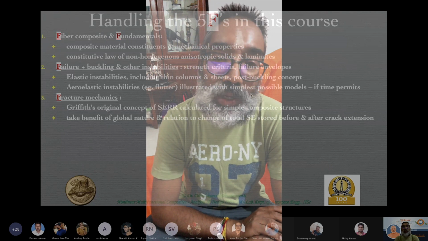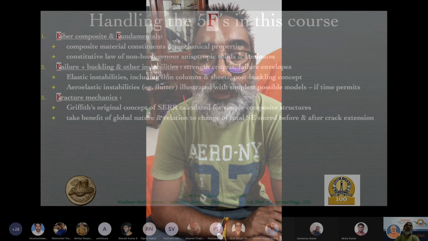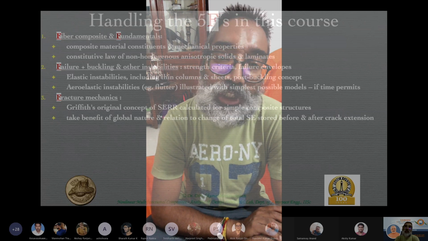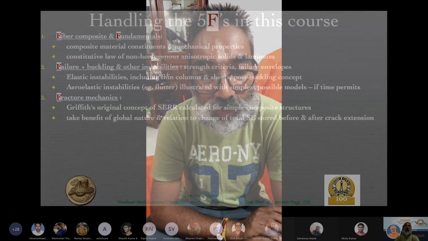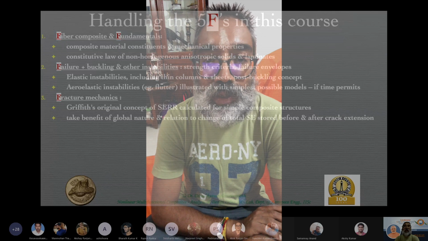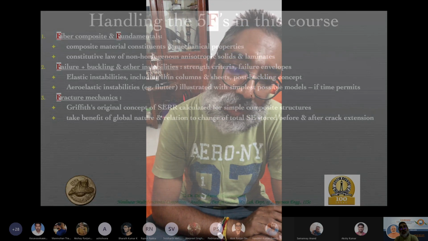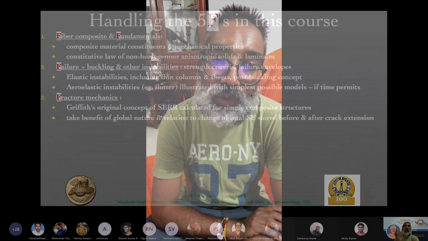Partial sigma by partial epsilon in a particular direction would give you E, which is a function of epsilon. So for very small epsilons, very small strain that is, you would have E constant, but then it would start varying. And that can happen irrespective of whether it is homogeneous or non-homogeneous, or whether it is isotropic or anisotropic.